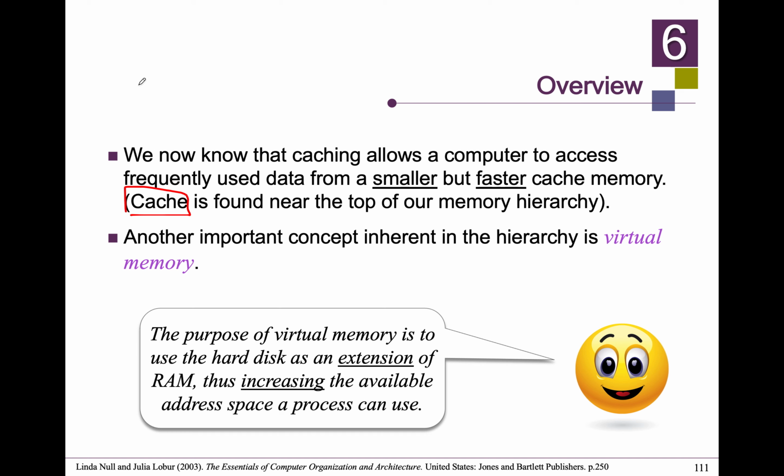Now under module 6 we saw everything about cache, and this is a recap, an overview of the cache and what we already learned, and some parts are the correlation between new things and the cache. So now we know that caching allows a computer to access frequently used data from smaller but faster cache memory. Cache is found near the top of our memory hierarchy.